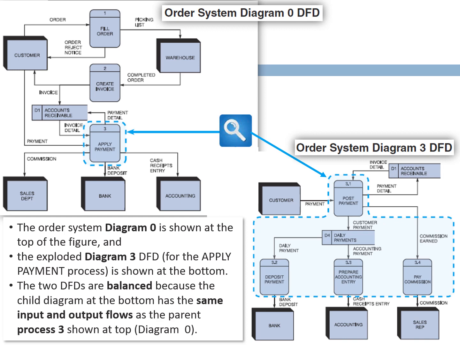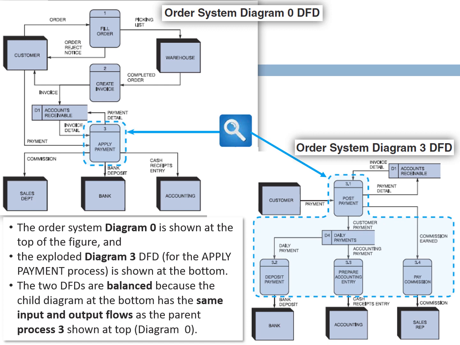The name of the diagram reflects the name of the process it comes from. So if we explode process 2, the name of the diagram is diagram 2. Diagram 3 is exploded from process 3, and we know the two DFDs are balanced because they have the same input and output flows as the parent process.